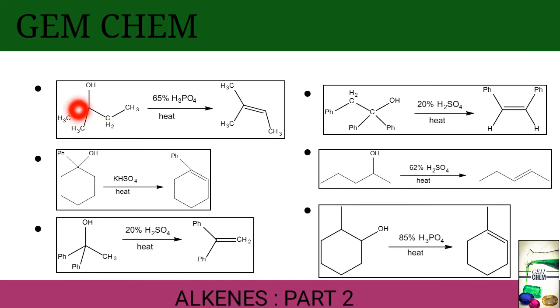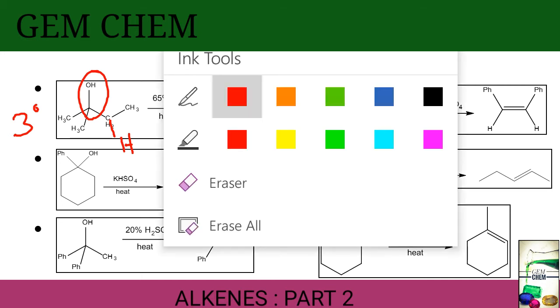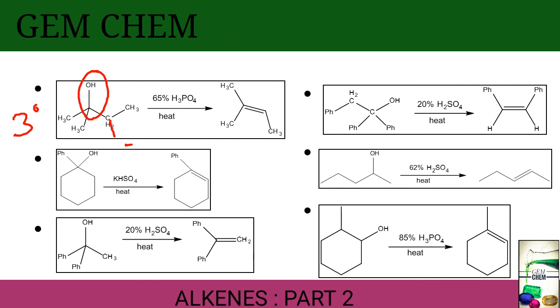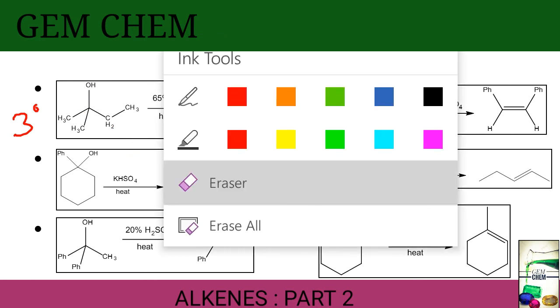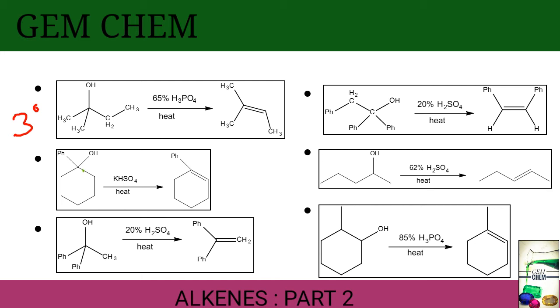Now see this particular case, there we have taken a 3-degree alcohol, this alcohol part, and a hydrogen from here is being eliminated to give this double bond. So follow each and every step. So this is for a 3-degree alcohol. Now see, this is also a 3-degree alcohol, because here there is a carbon from the benzene ring and 2 carbons from here and here.